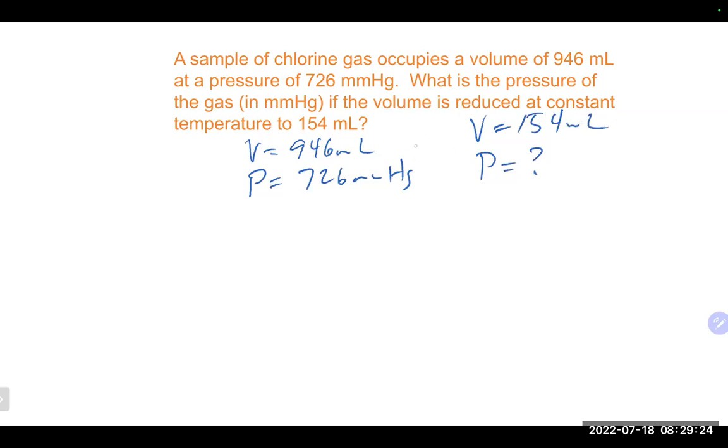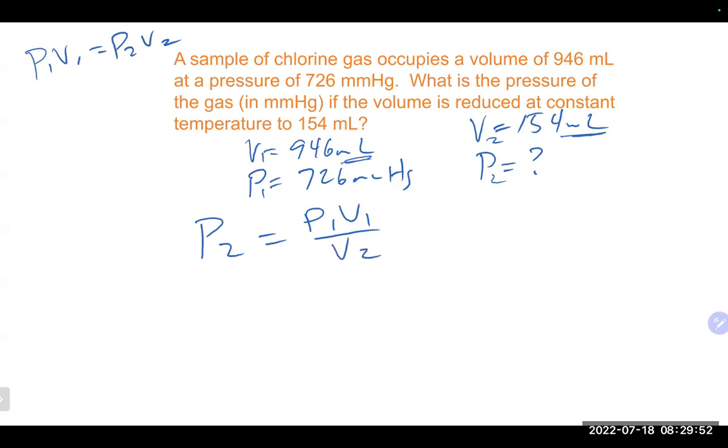Although we've only learned one gas law so far, we have two pressures and volumes, so it would be Boyle's law here. It doesn't really matter, but most people name the first ones ones and the second ones twos. The volumes are both in the same units, so we don't have to do any conversions. We can rearrange and solve for P2: P2 equals P1 V1 divided by V2.